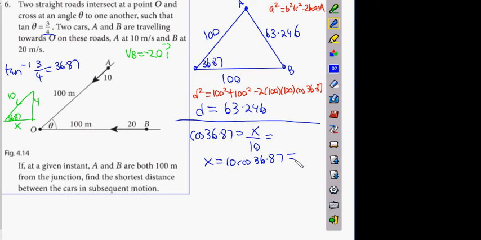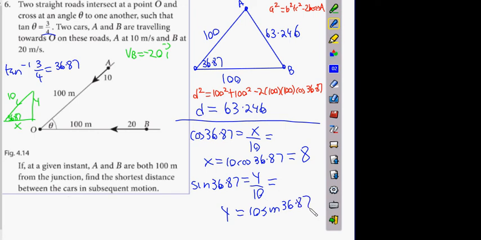I think it's 8. 8, yeah. And likewise sine 36.87 equals y over 10, so y equals 10 sine 36.87, and what do we get?